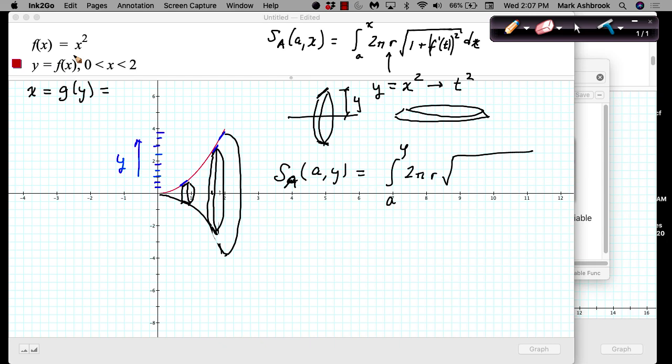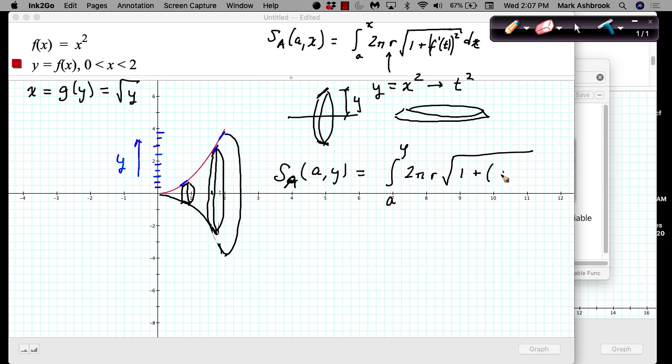So what is that? That's the inverse function of f, right? If we were writing x as a function of y, what function is that? Square root of y. So if y equals x squared, then x equals the square root of y. So that's what I need here.